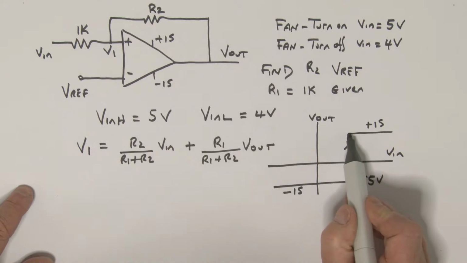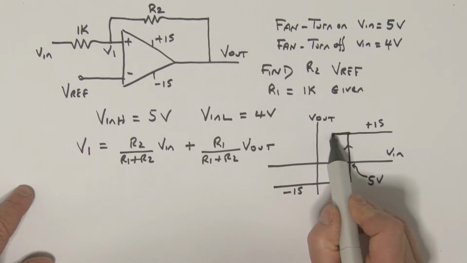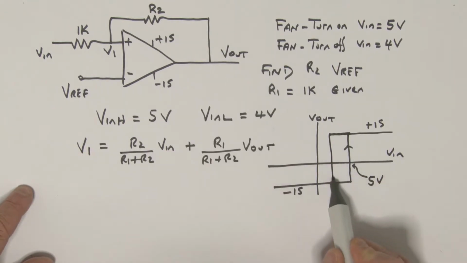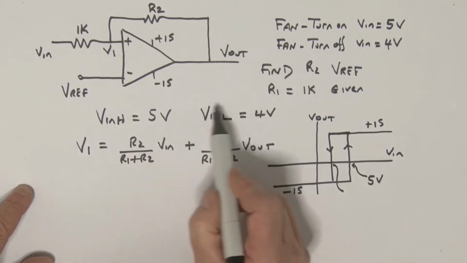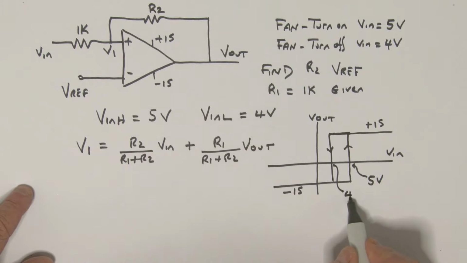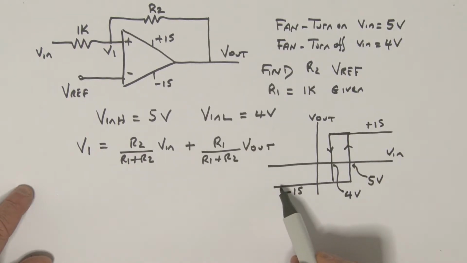Then, if we reduce V in, we switch back when V in has reached V in L, which is 4 volts. We then go from plus 15 to minus 15, which turns off the fan.